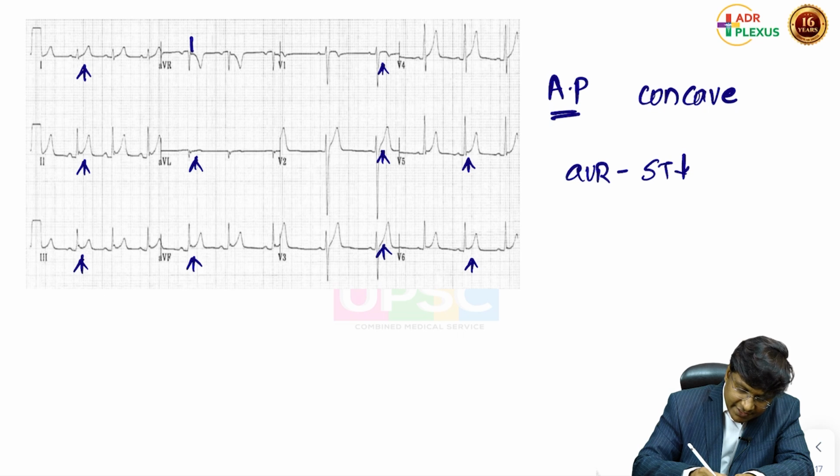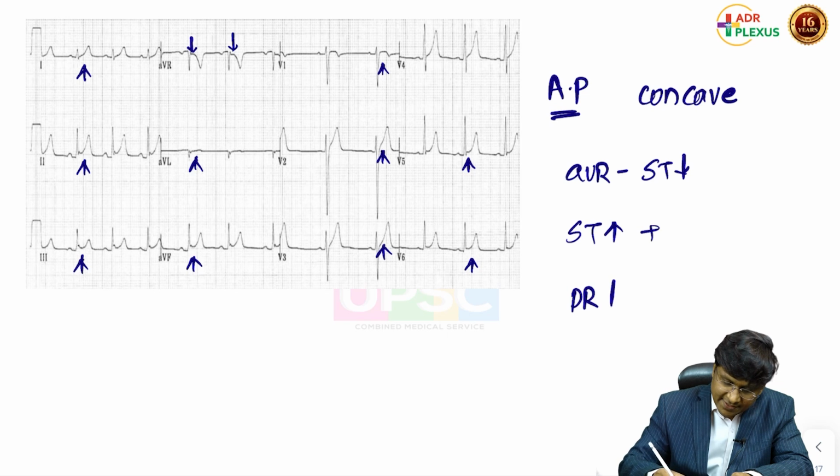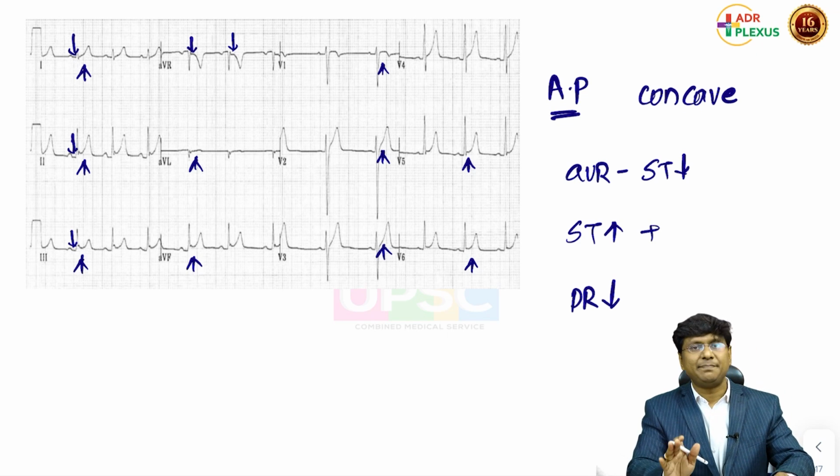So you can observe here, this is aVR, where you have the presence of ST segment depression. So along with concave ST segment elevation, the other ECG change that you will have in these patients is PR segment depression, okay? So you can observe that this is the PR segment depression, that is what you will have in patients with acute pericarditis.